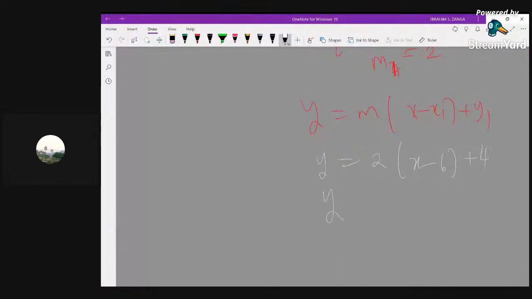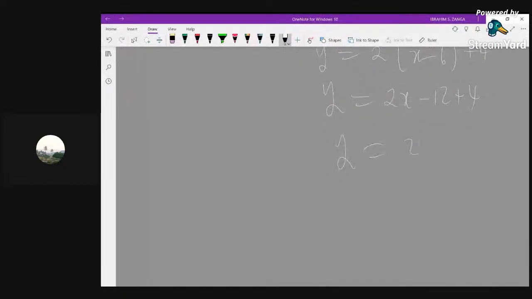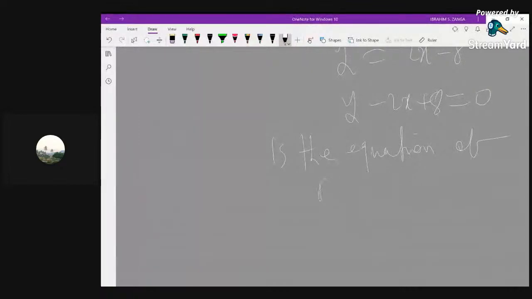So the equation of the required line is 2x minus 12 plus 4. We are going to say that y equals 2x minus 8, meaning that y minus 2x plus 8 equals 0 is the equation of the required line.